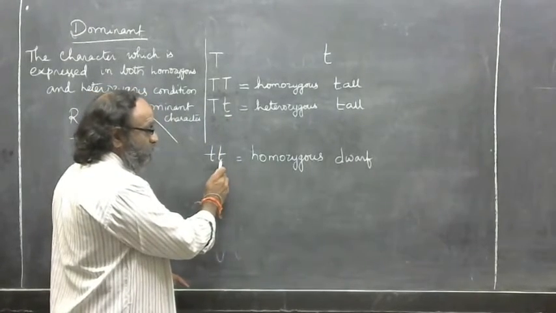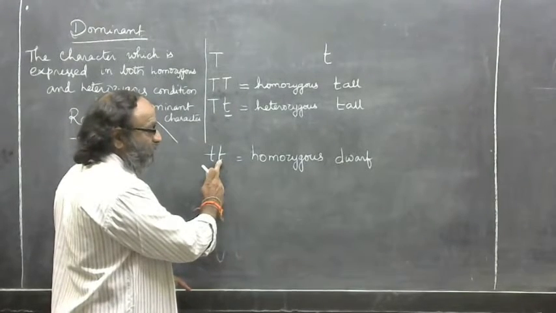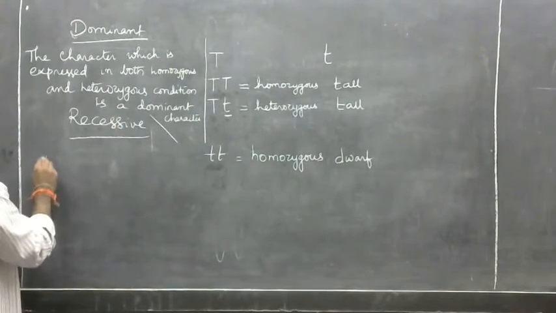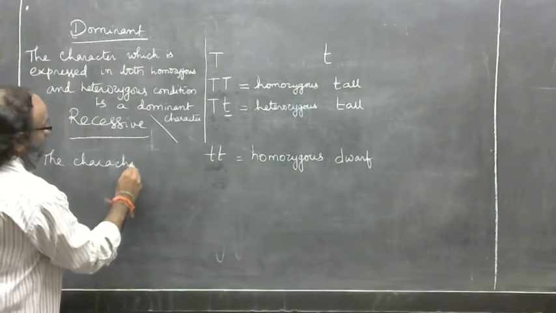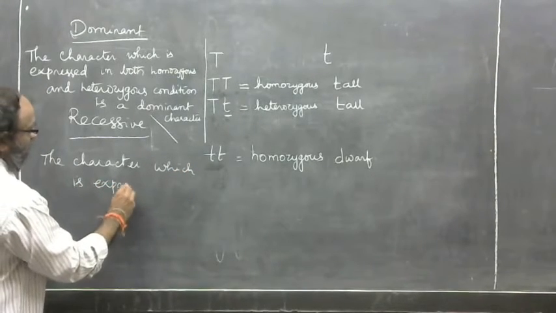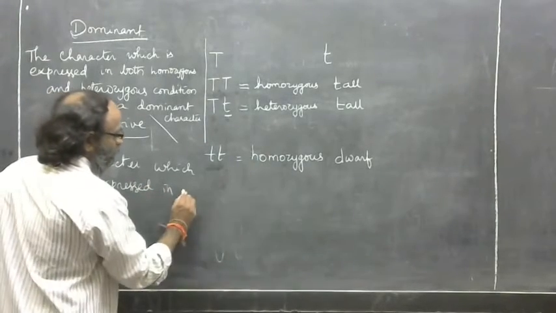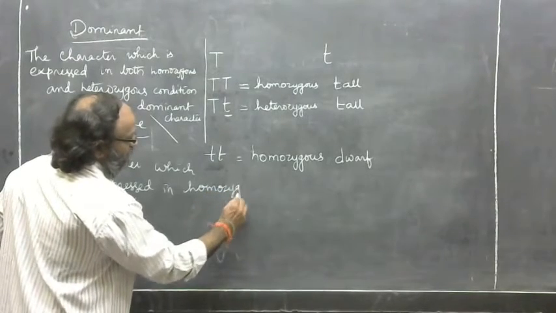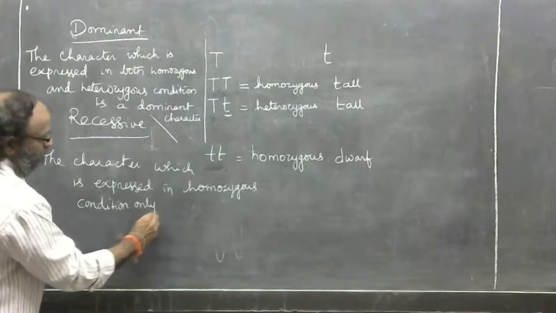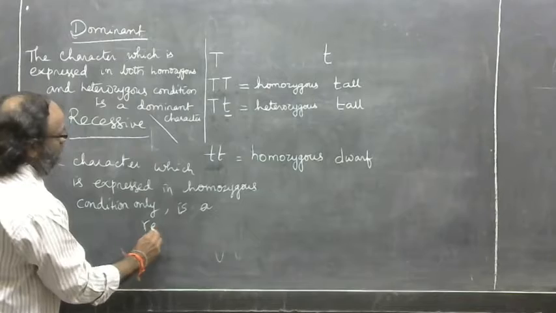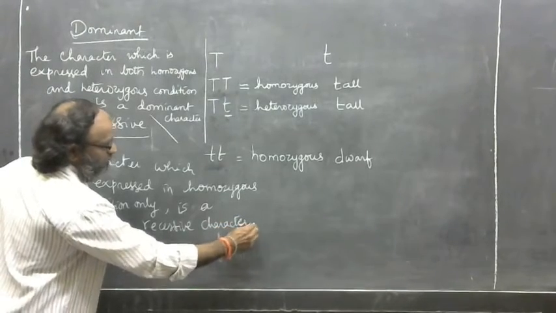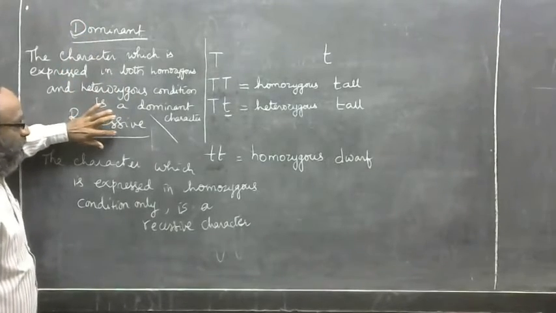In this case, both the genes are small t genes, identical, they are homozygous dwarf. Therefore, what is a recessive character? The character which is expressed in homozygous condition only is a recessive character. So this is a dominant character and this is a recessive character.